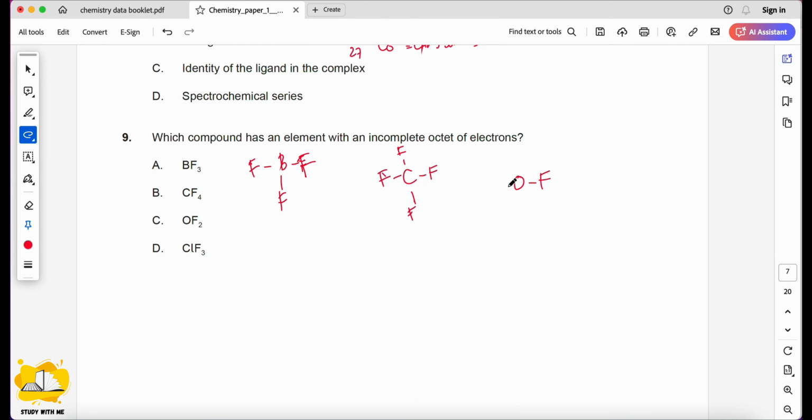OF2, also 1, 2, 3, 4, 5, 6, 7, 8, and then ClF3, that would also be 1, 2, 3, 4, 5, 6, 7, 8.